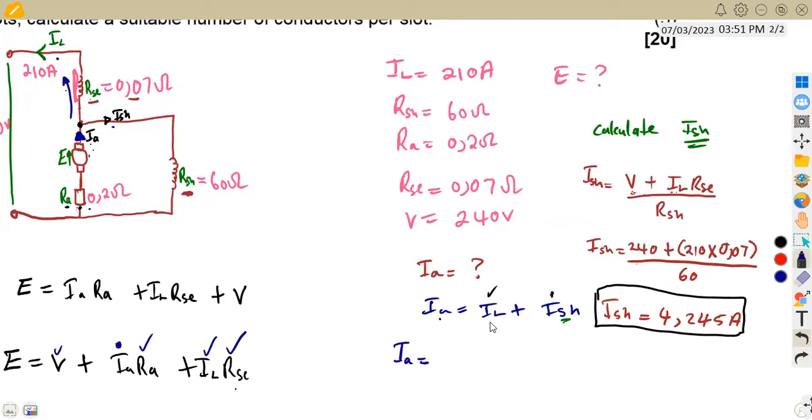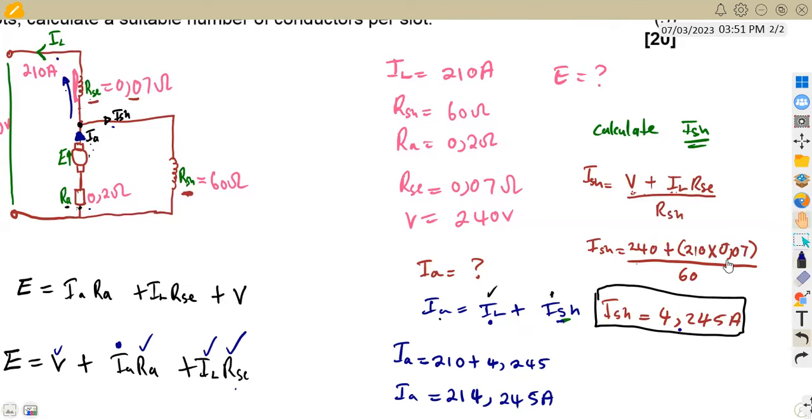Our armature current is going to be the load current, which is 210, plus the shunt current that we got here of 4.245 amps. If we add everything, we obtain our armature current, which is 214.245 amps.